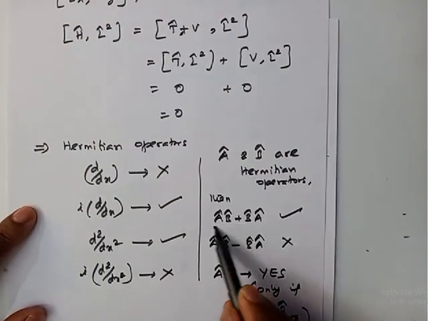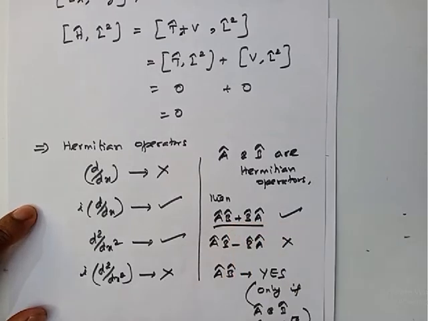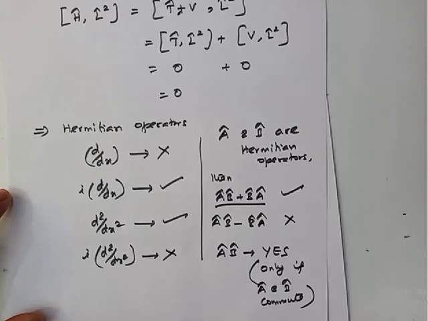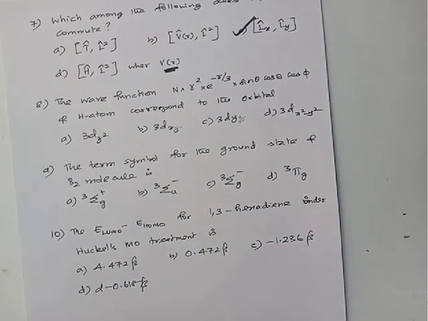So remember this information. That's why I gave this formula. If A and B are Hermitian, then AB plus BA is also Hermitian. Just for information's sake, I have given this point. Just note it down. Then let me go to the next question.